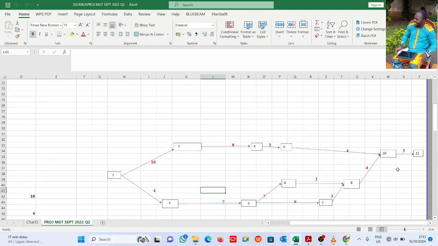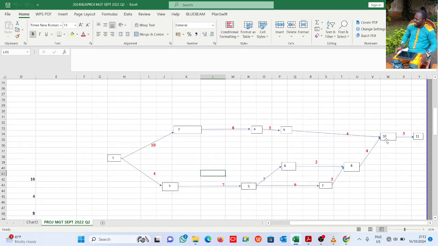If you have any challenge, please drop them in the comment section. We'll treat them together. If you put it in English, it means that activity 10, being a successor activity, is dependent on 2 predecessor activities. In another language, it means that you must do activity 9 and 8 before you can do activity 10.